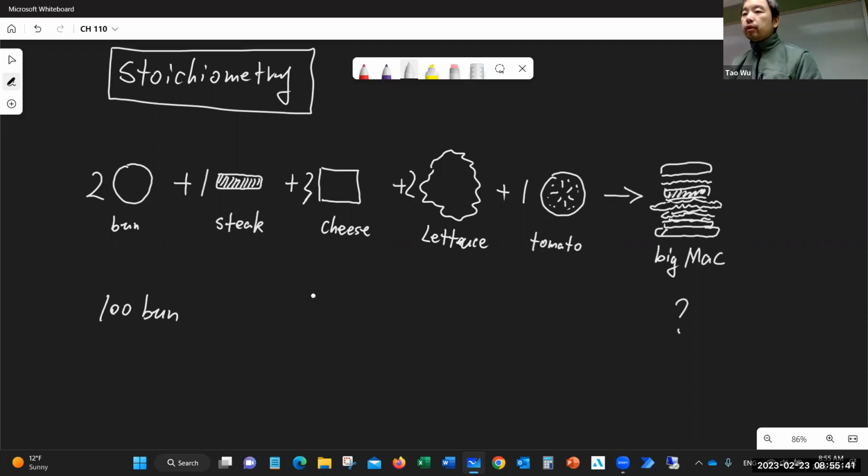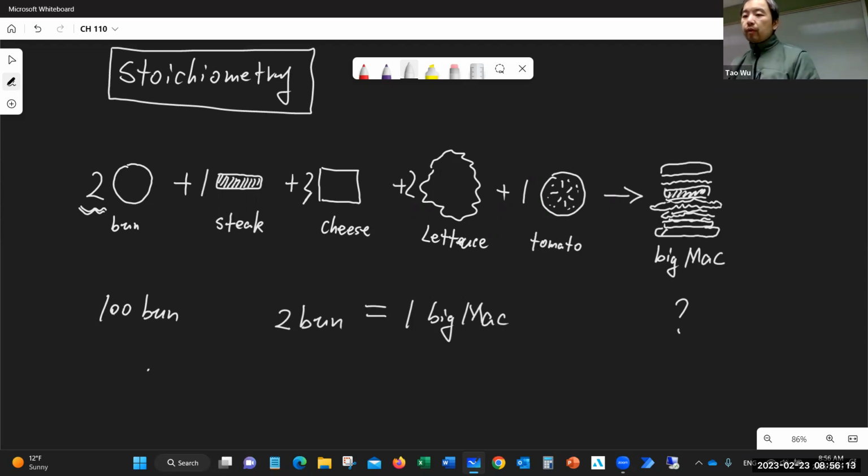First of all, you need to find the coefficient, the link between how many buns make how many Big Macs. So 2 buns should equal 1 Big Mac. This is your first step. Although you might already calculate this in your mind, this is the first thing you find: the relationship between the buns and the Big Mac. 2 buns, 1 Big Mac.